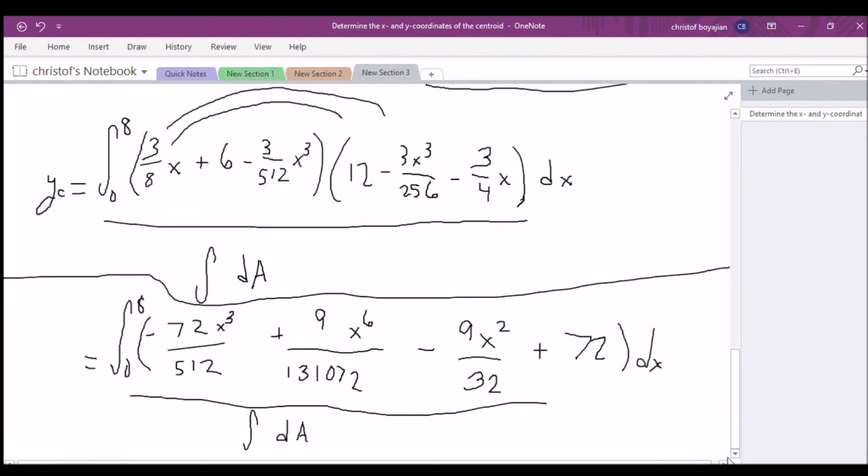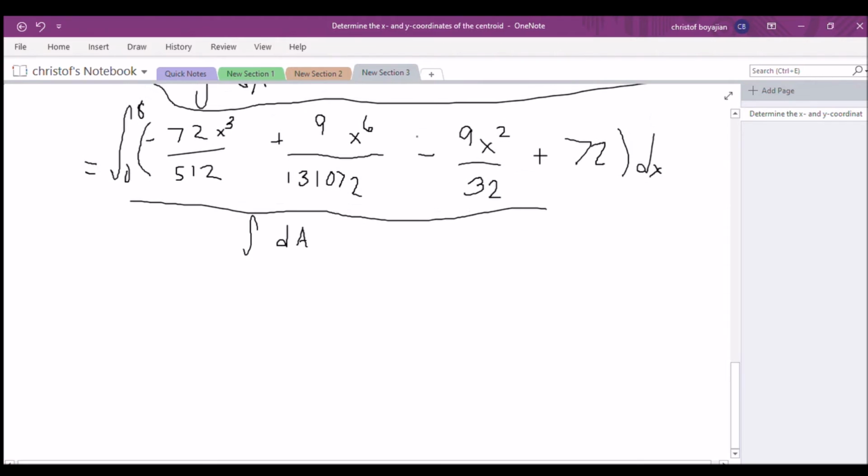All right, so now we can evaluate this because we cannot simplify this anymore.